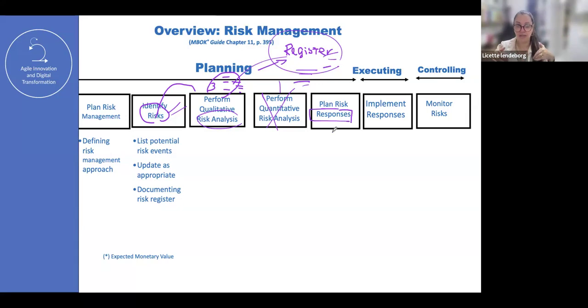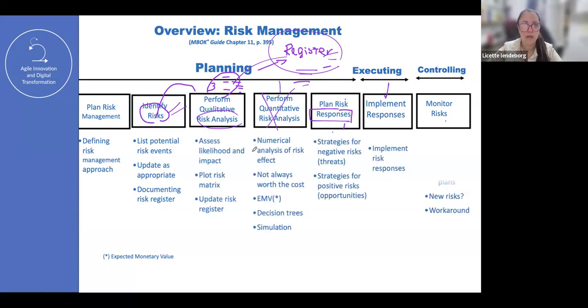That is not us, PMI created the strategy, so you don't need to reinvent the wheel to respond to the risk events. So you're going to see 2 types of risk, positive and negative, and what to do if those types of events happen in your project at any time. Then last but not least, I'm going to implement, of course, the responses and monitoring.